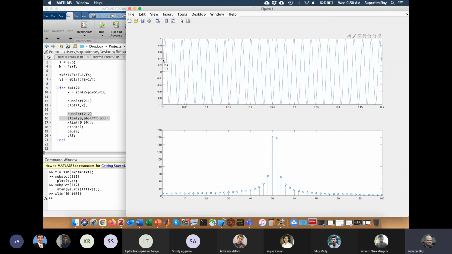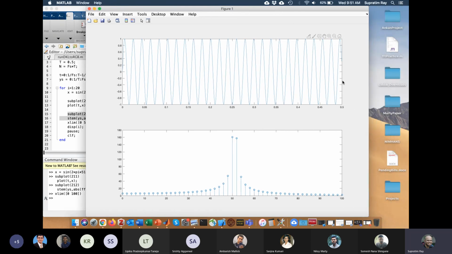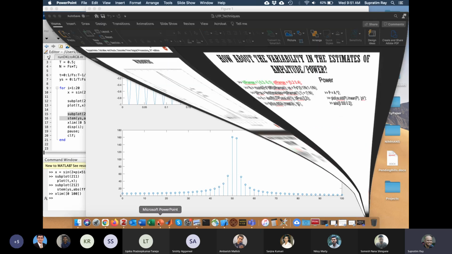So the signal here was going up and coming down, going up and coming down. If it had an even number of cycles, then it would have been coming up like this and finishing right here, so that when you again put another copy of it, it's like having the same sinusoid repeated. This would have been the case had it been a 50 hertz sinusoid. But because it's 51, it's got half a cycle extra here. Now, when I create multiple copies of it, it actually would look like this.